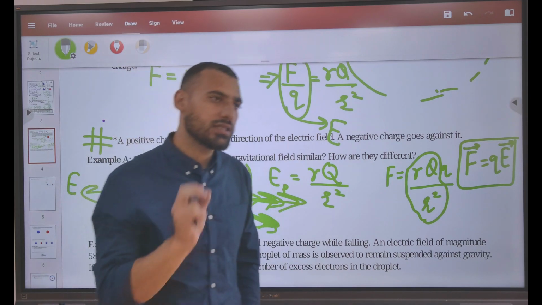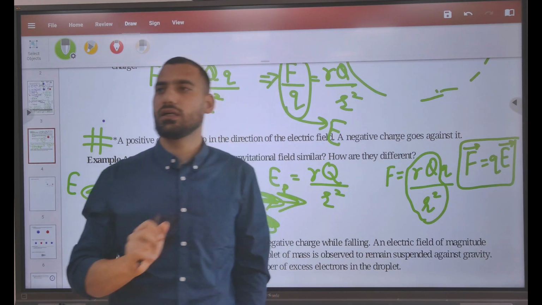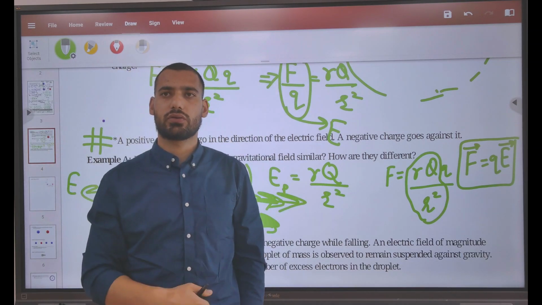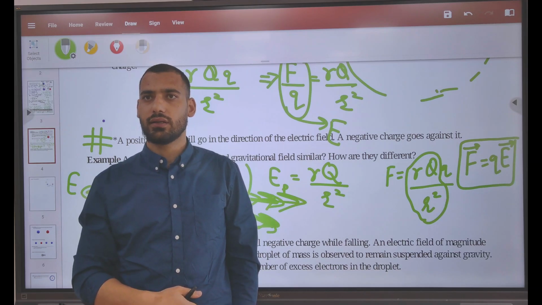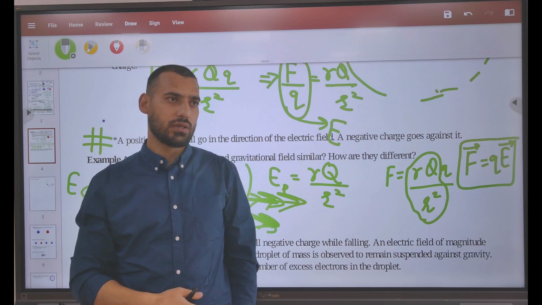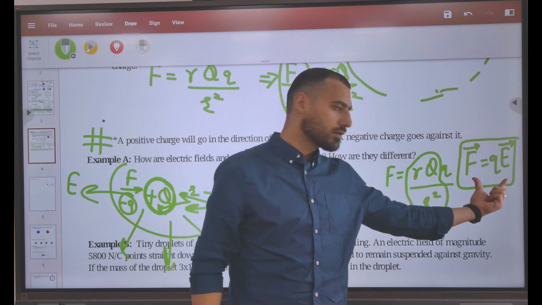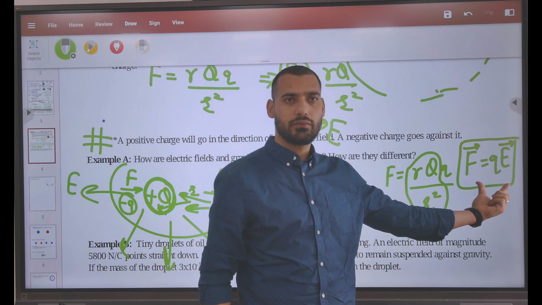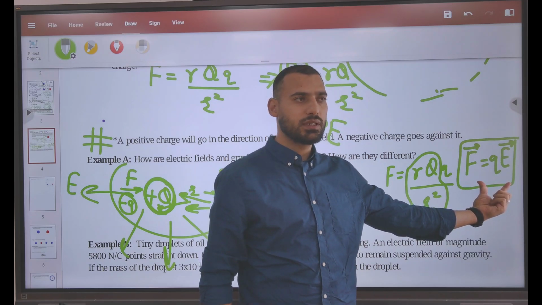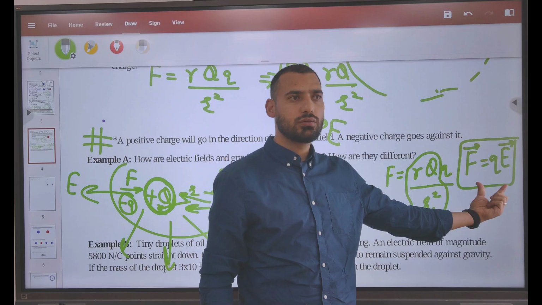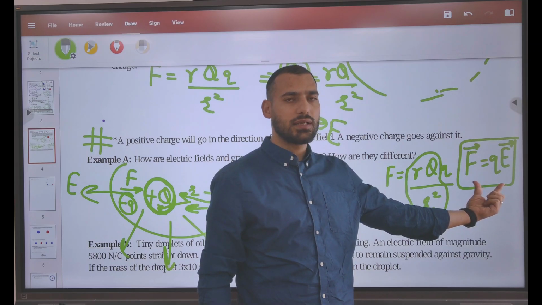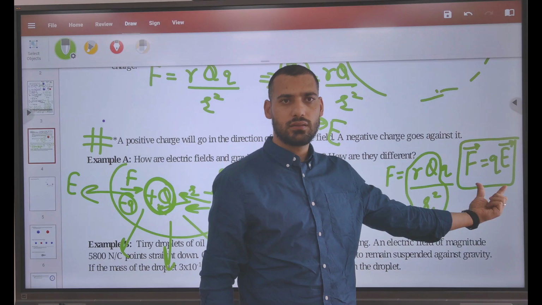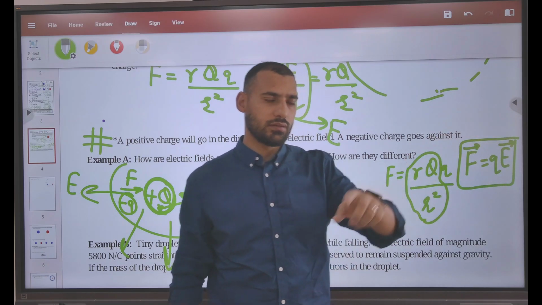Write this expression directly: F is equal to QE. It experiences a force, F is equal to Q times E. Is that fine?